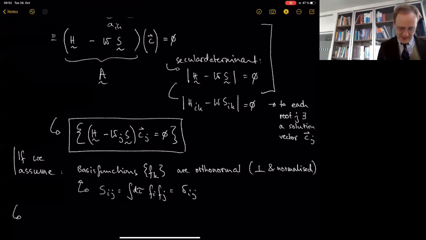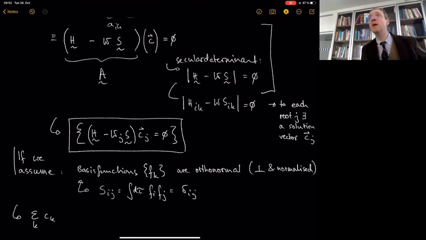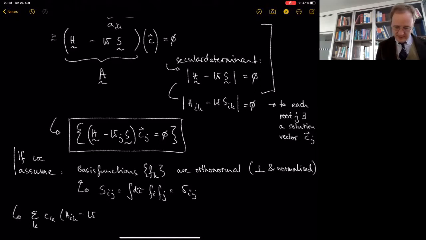And so what happens then to our nice set of equations? Let me write it like this. The sum over k of c_k (h_ik minus ω s_ik) is hence c_k (h_ik minus ω δ_ik).